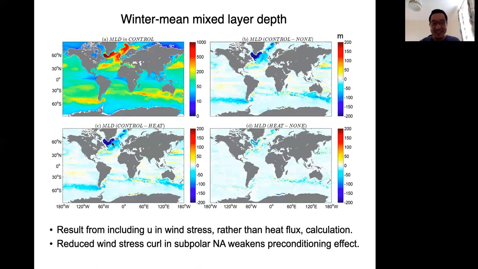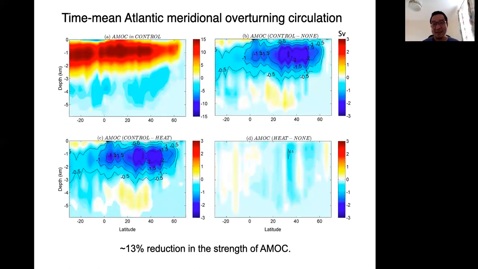Okay, sorry. Actually, the AMOC has also been reduced when the relative wind is included. The reduction is about 13%, so it's quite large.